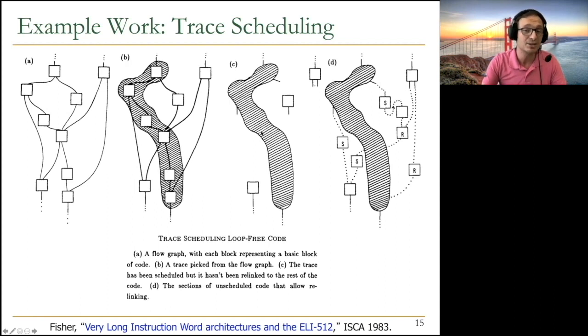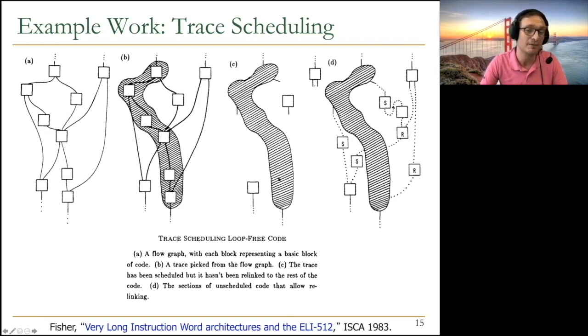You combine them into a single basic block, take out the dependencies over here. And then if this is actually your executed path, you optimize the code very nicely across that path. If this is not, then you have to figure out what to do. And these are called fix-up code, as you can see over here. You have to add a little more code if the machine actually doesn't execute this path at runtime.